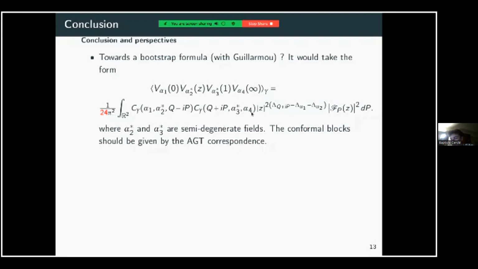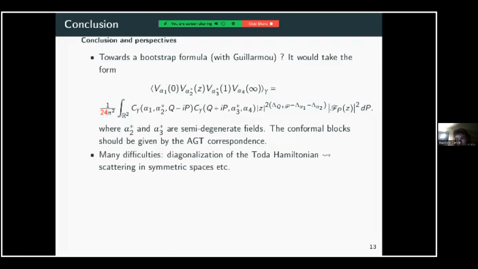It's actually really, really far from clear. Okay, so this is at this stage just a conjecture. The 24 is in red because maybe it's not 24, but something else, some 12, 48, I don't know. So this is still a conjecture, and there are many difficulties, many obstacles that we encounter before proving this formula.